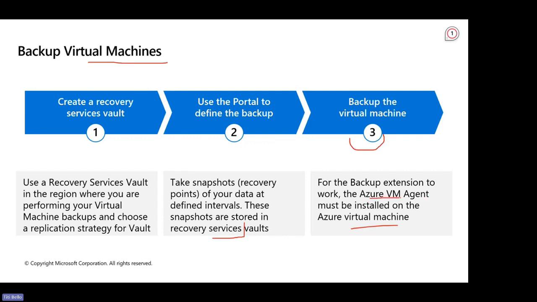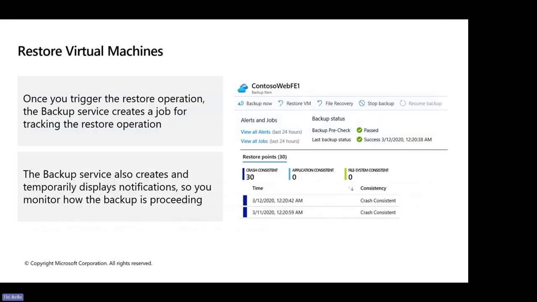There's an Azure VM agent that needs to run on them. Likewise, if you need to back up a server or VM from on-prem, you also need to download an agent that you install on the on-prem server for the purpose of backup as well.